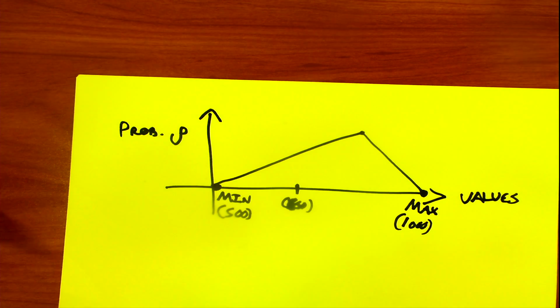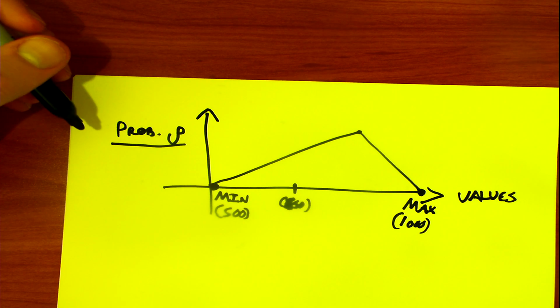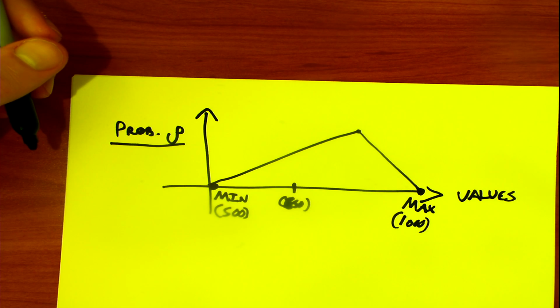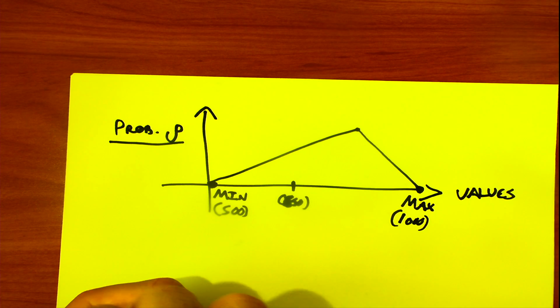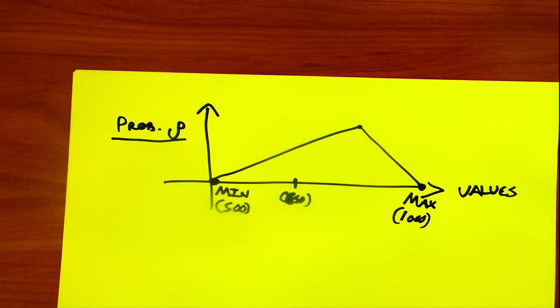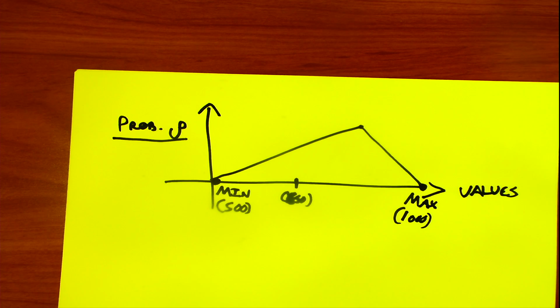Okay. So remember, this axis is probability density. It's not direct probability. So the same way that the area under the curve is 1, the area under the curve corresponds to the probability of getting any value that is encompassed by the curve.